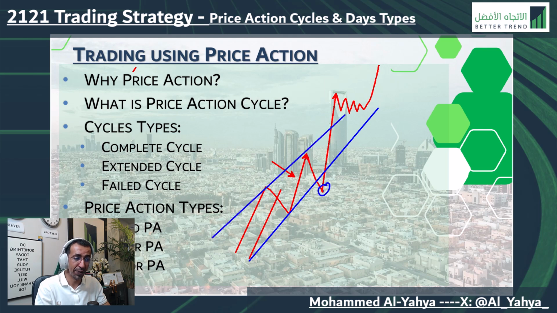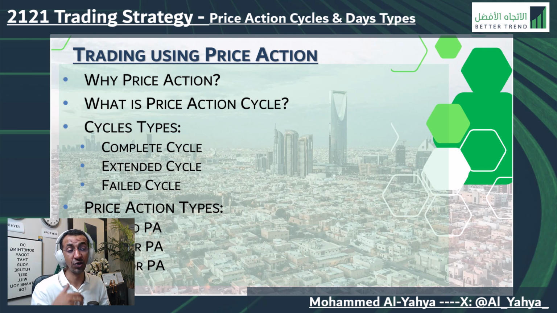This is your break, leg one, leg two. And this one also could be another extended one. If you are trading the bigger channel, you could see another big channel coming because you have a strong trending day.